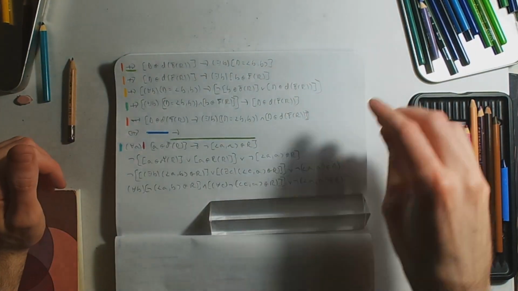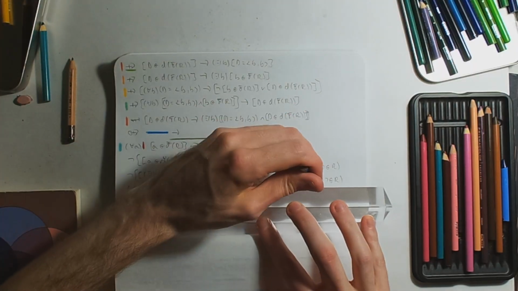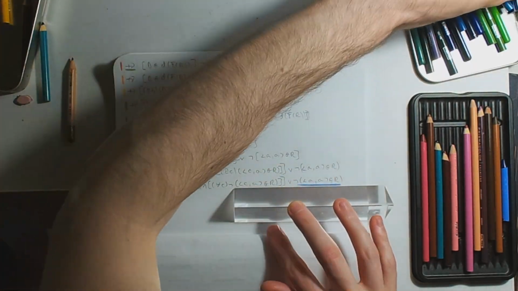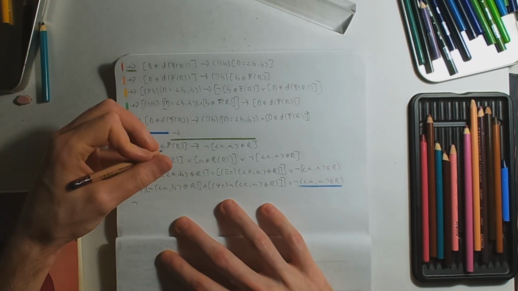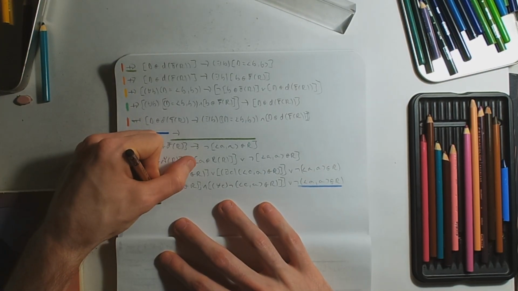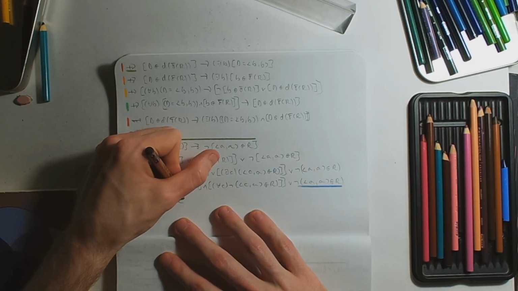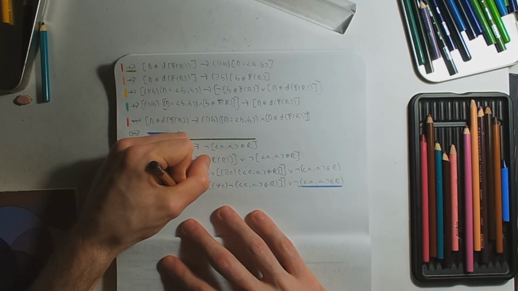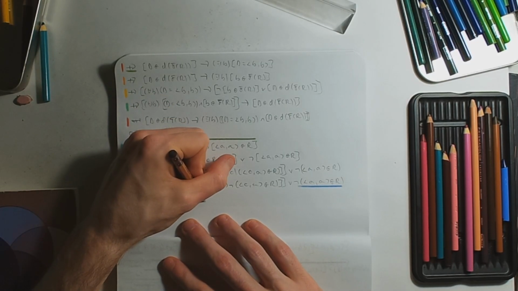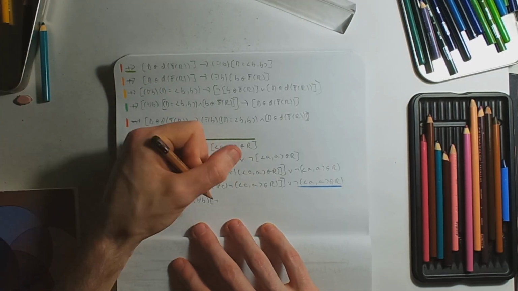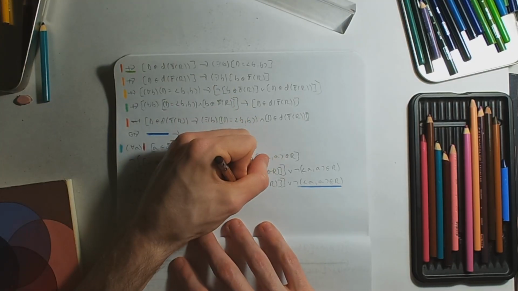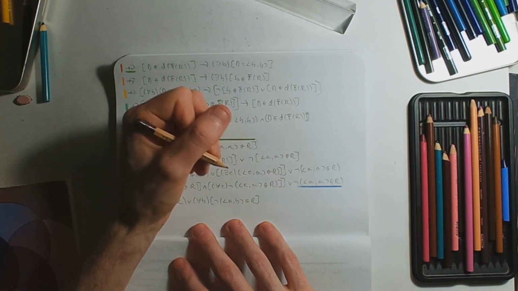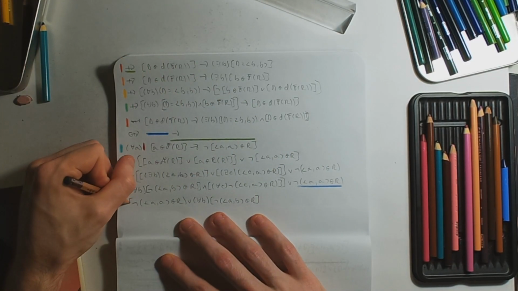So let's distribute this term. Not the ordered pair AA is an element of R, or for all B, not the ordered pair AB is an element of R. Okay.